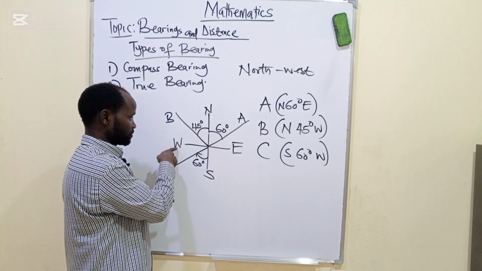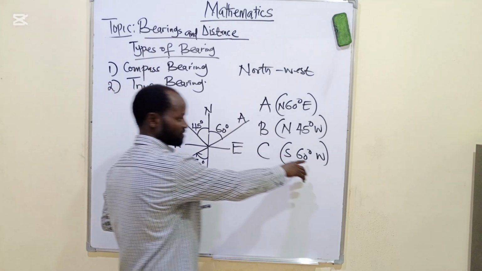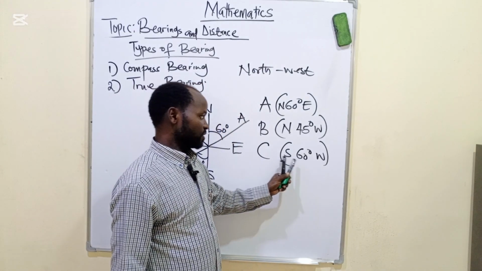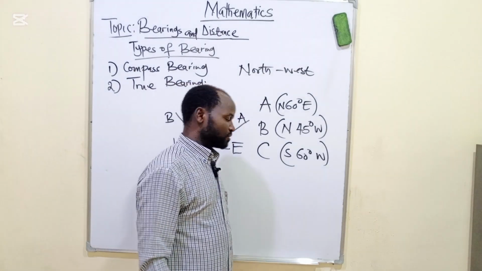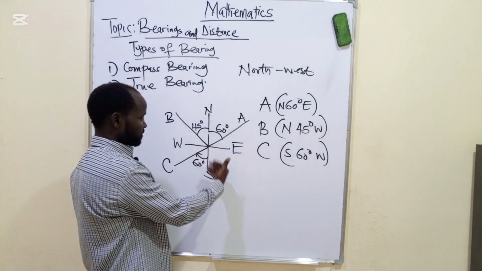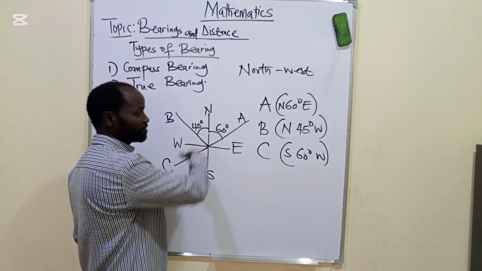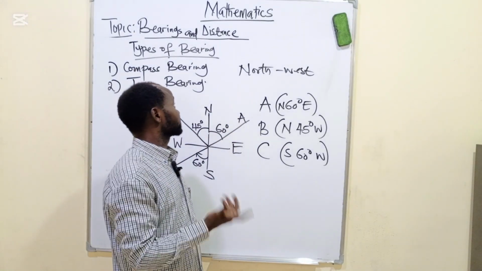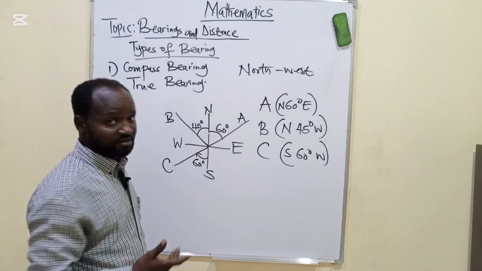We don't read it as west south, rather 60 degree southwest. It means turn 60 degree southwest. Very important. So we can represent it either southeast, southwest, northeast, or northwest, as the case may be. So this is the concept of compass bearing.